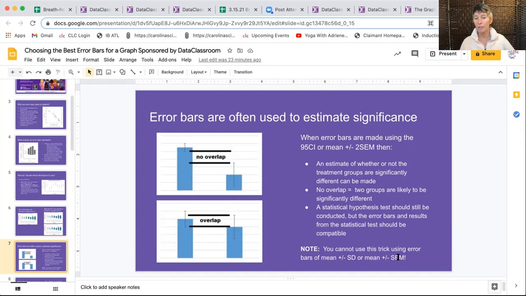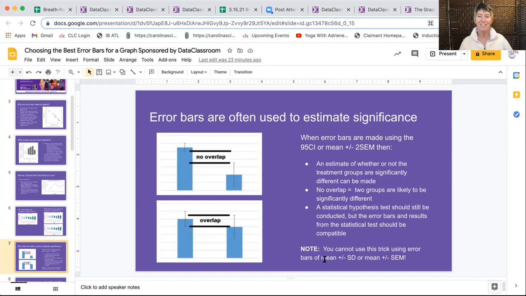So one thing that's critical to note is that you cannot use this trick with the overlapping error bars as an indicator of significant difference between two groups if you have made error bars in any other manner. So if you use minimum, maximum, or standard deviation, or two standard deviations, or one standard error of the mean, none of those different error bars would allow you to do this prediction of the outcome of a statistical hypothesis test.